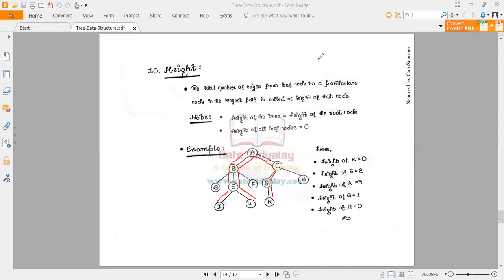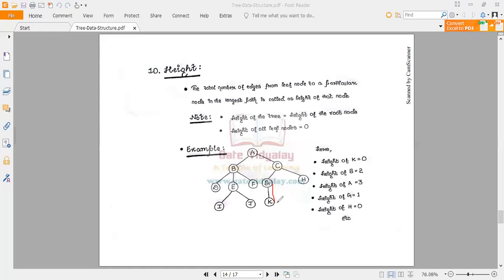Then if we want to check for the height of G, to reach G we have to move one level up from K to G. This is the only path, right? So we have to move one level up.